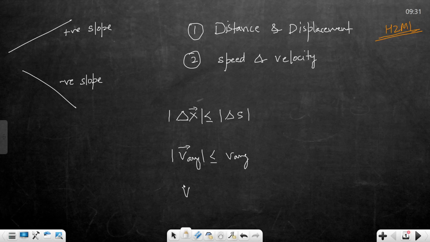And I told you that the magnitude of instantaneous velocity will always be equal to instantaneous speed. At a particular instant, both will have the same magnitude. Clear?